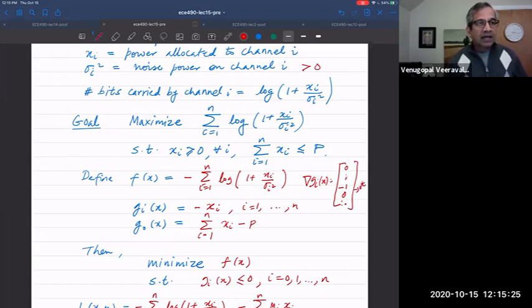That's the only thing that's non-zero. And then if you look at the gradient of G0, that's 1, 1, 1, 1, right?